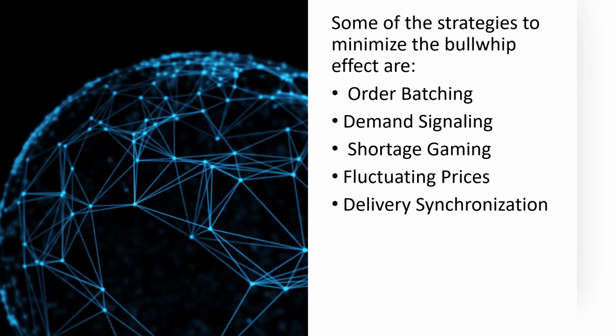Another method is the use of what? Vendor management system. There is only one point of control of inventory demand, and hence the demand variability can be minimized. We have something called shortage gaming. Unrestricted ordering is not allowed.